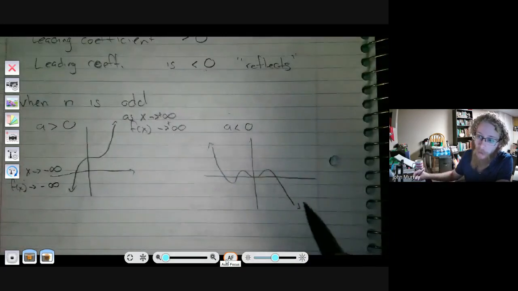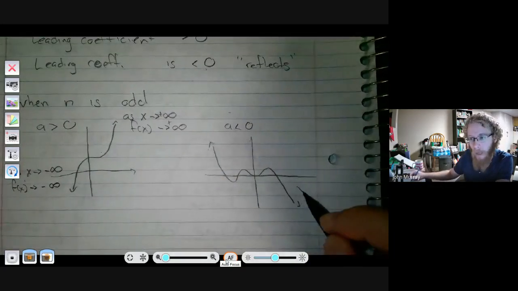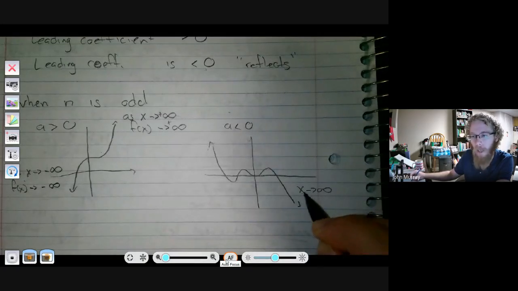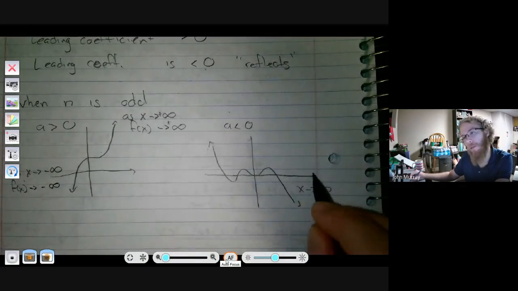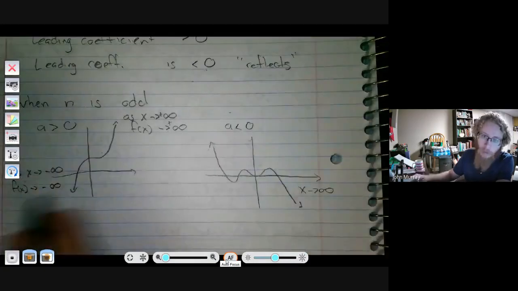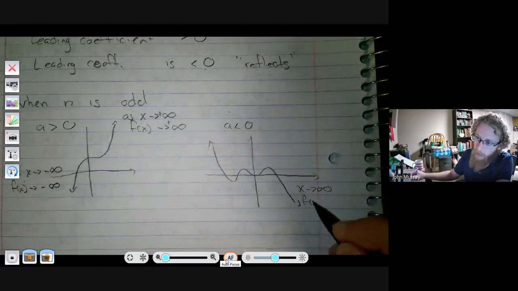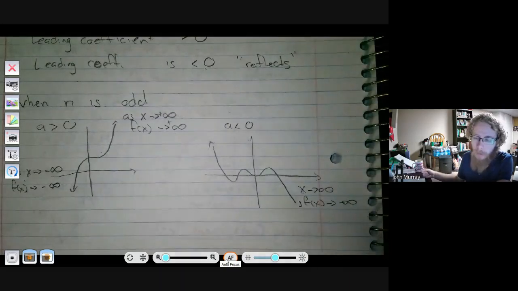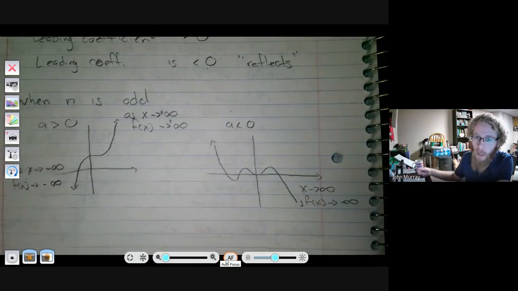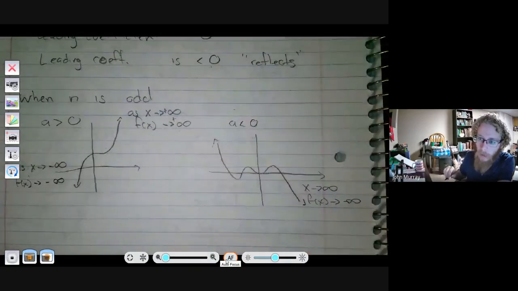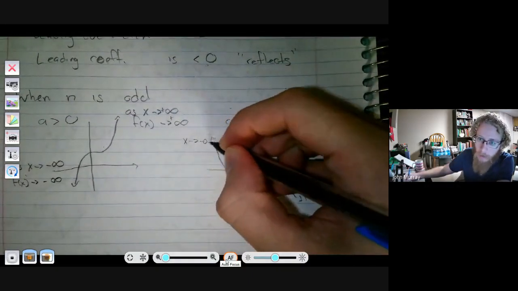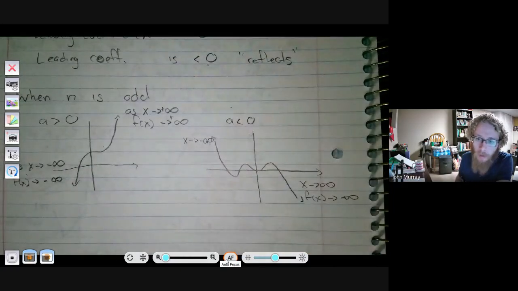Okay, now over here, again, I'm still having x go to positive infinity because I'm moving to the right. But now we flip this, and f of x is going to go to negative infinity. That means I'm going down. On the other side, okay, again, x going to negative infinity, just meaning I'm moving to the left.